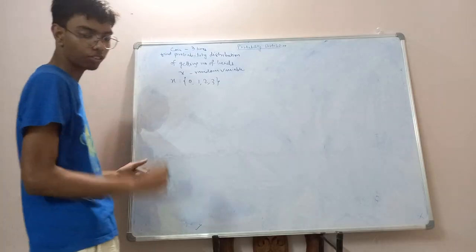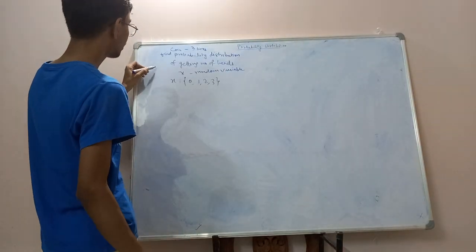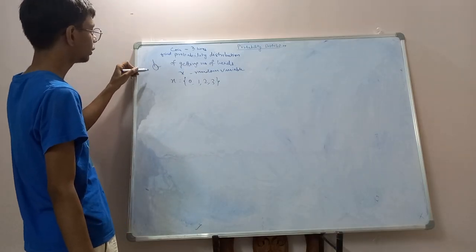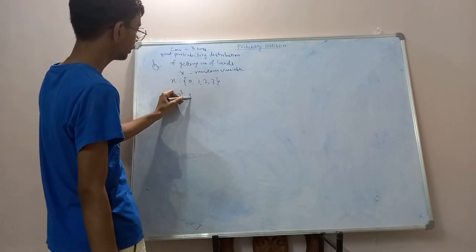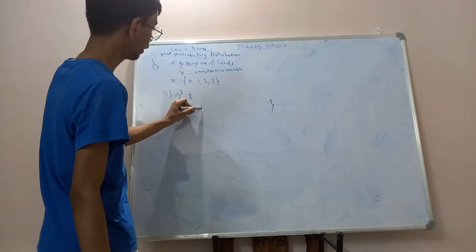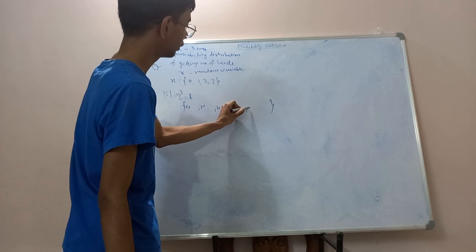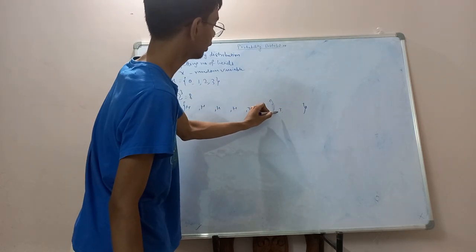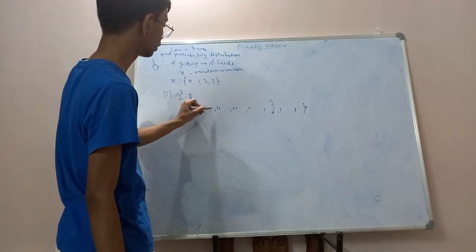The sample space of tossing a coin 3 times: the coin can give either head or tail, and I have tossed it 3 times. So my sample space will have 2 to the power 3, that is 8, outcomes. I am writing it as HHH, HHT, HTH, HTT, THH, THT, TTH, TTT.